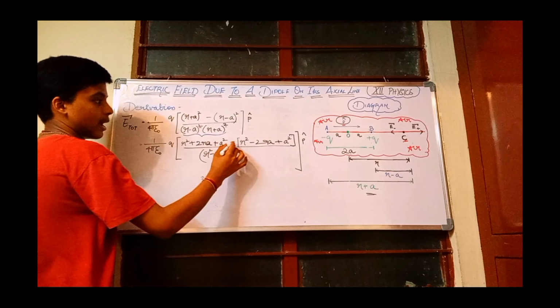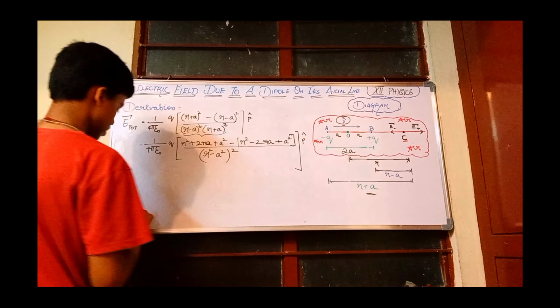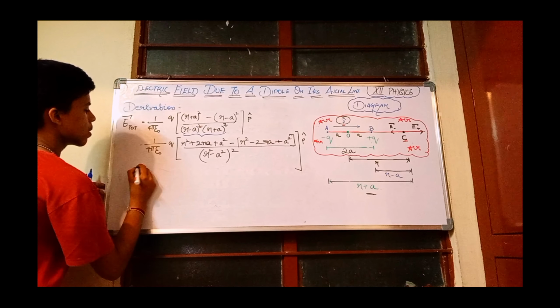So now I need to take the negative symbol inside, which will become 1 by 4 pi epsilon naught into q by [r square plus 2ra plus a square minus r square plus 2ra minus a square] by (r square minus a square) the whole square into p cap.